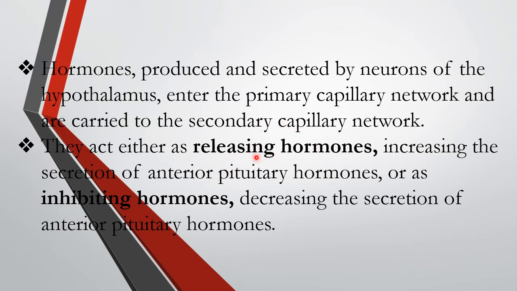Kaya, yung hormones produced by your hypothalamus, most of them have these names, no? May apelyido sa pangalan nila. Releasing hormones. I'll show you later. And then, ang effect niya is to stimulate the anterior pituitary to either increase the secretion or meron din namang mga inhibitory hormones ang hypothalamus.